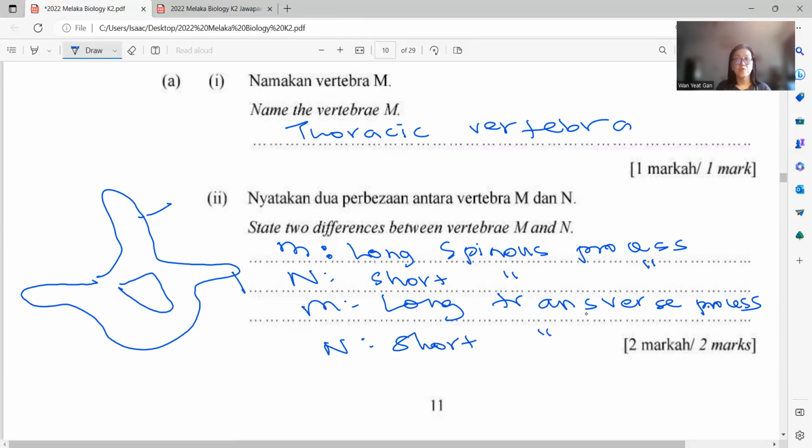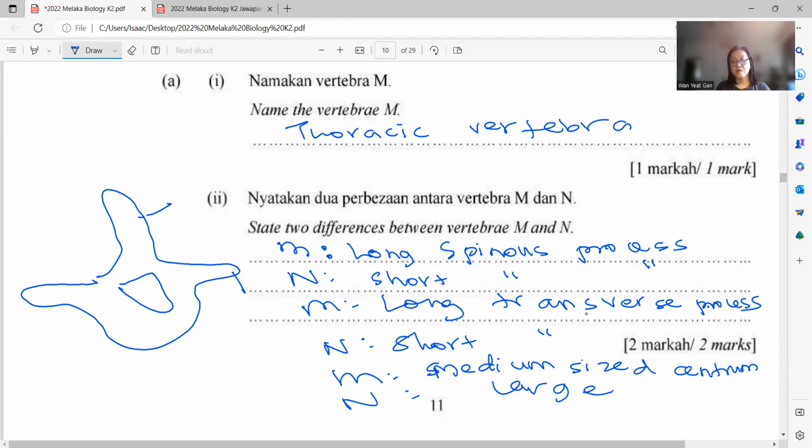So this is the transverse process. Okay, M also has a medium-sized centrum, while N has a large centrum.